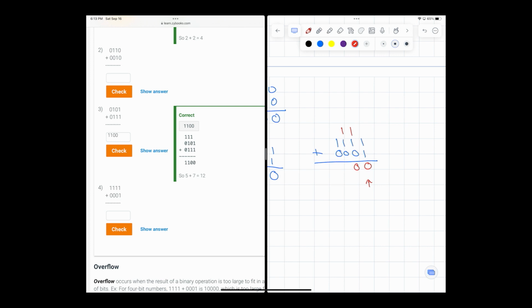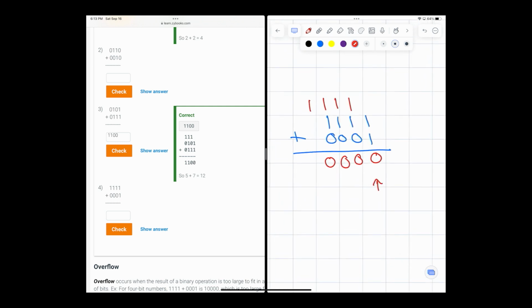But this time, we're not limited to their little applet, so you would bring this all the way down and write it this way. So this is how you would write, I guess, 16 in binary.